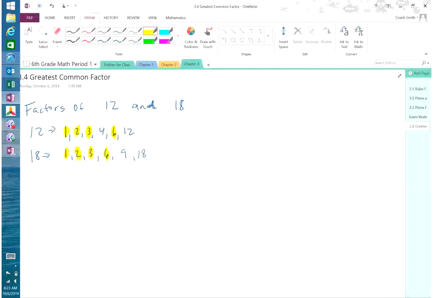So of those factors, 1, 2, 3, and 6, the greatest common factor would be equal to 6. Okay? We also call this the GCF, okay, for greatest common factor.